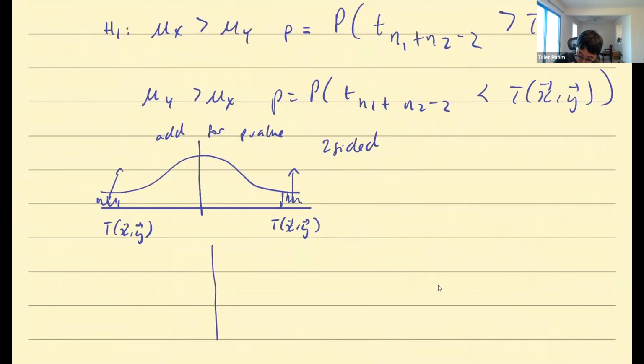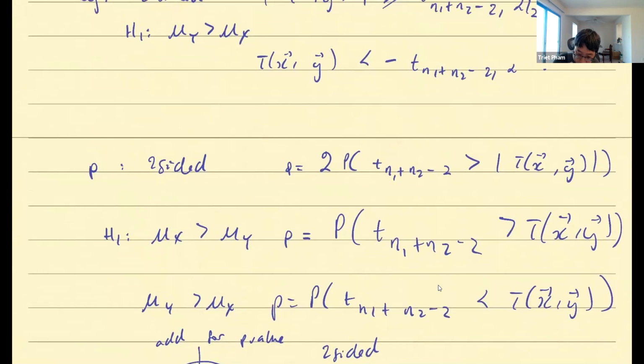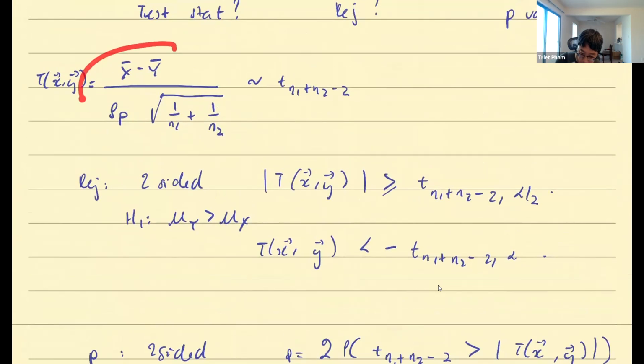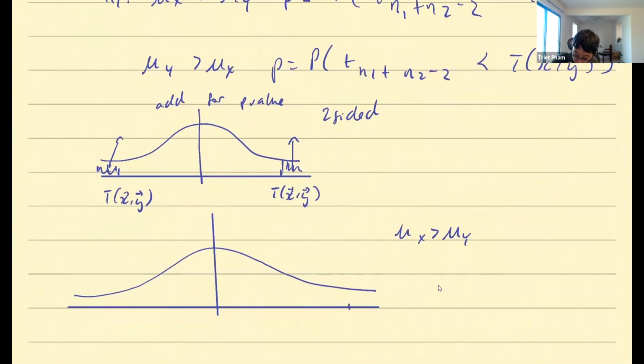But when you have the one-sided, suppose that mu x is bigger than mu y, then that's only true if this guy is sufficiently large. That means that the only chance that happens is your test stat ending up here. Therefore, this is only your p-value.